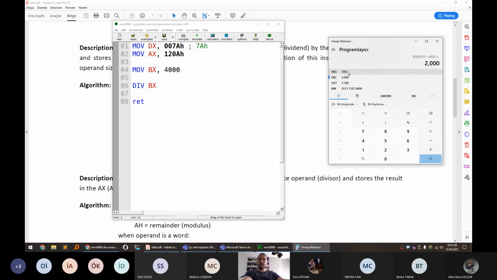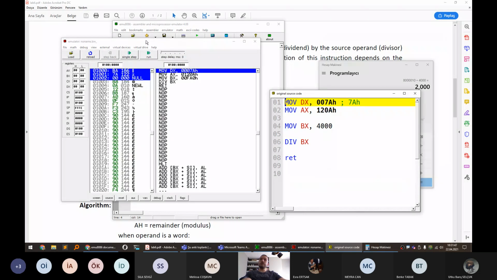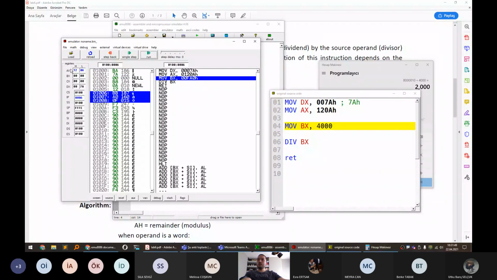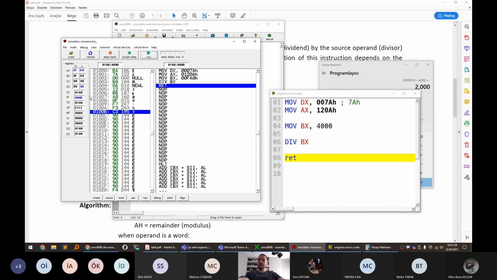The result is 7d0, but this calculator is not going to show us the remainder. So let's see what will be the remainder. Okay, 8 million and 10, put it into DX-AX combination. 4000 is put into BX, and division operation is done.